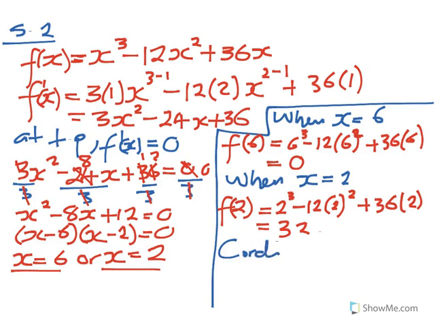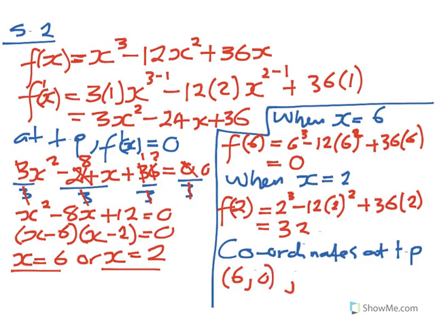What are the coordinates at turning point? Remember, when x is 6, y is 0. And when x is 2, y is 32. So these are the coordinates that they were requiring. So that is the final answer.